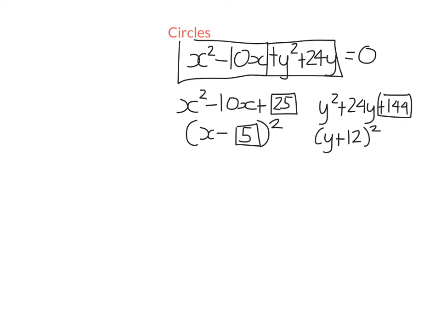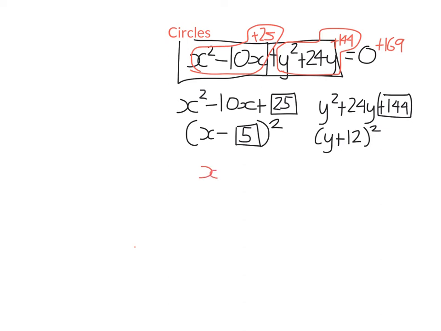So what I'm essentially doing is adding 25 here, so that this is a perfect square. Then I'm adding 144 here, so that this is a perfect square. So that these equations still balance, I need to add 25 to this side and 144 to this side. So I actually need to add 169 to the right-hand side. I've added 169 to the left-hand side, so I must also add it to the right-hand side.